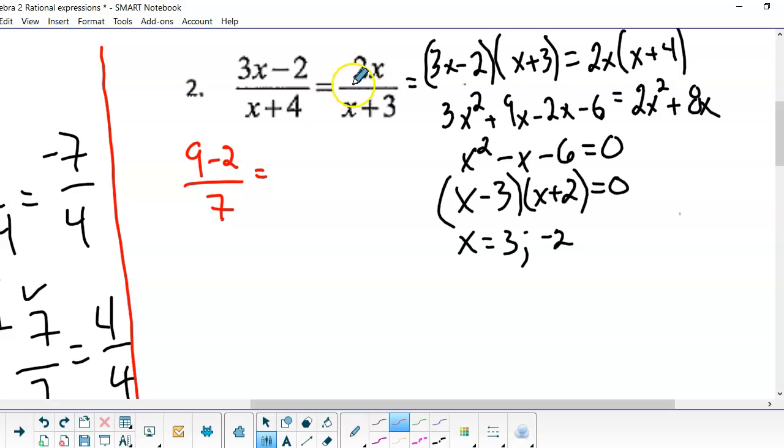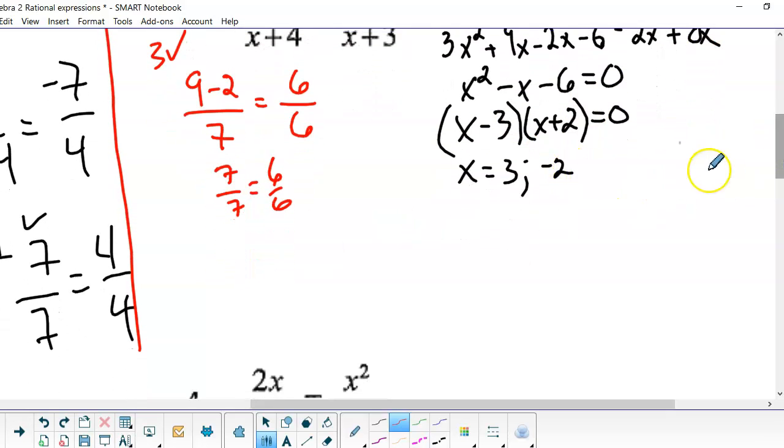And now I need to substitute x on this side with 3. That's going to give me 6, and then 3 plus 3 is going to give me 6. So 7 over 7 and 6 over 6 are equal to each other. So that means that the number 3 checks out.